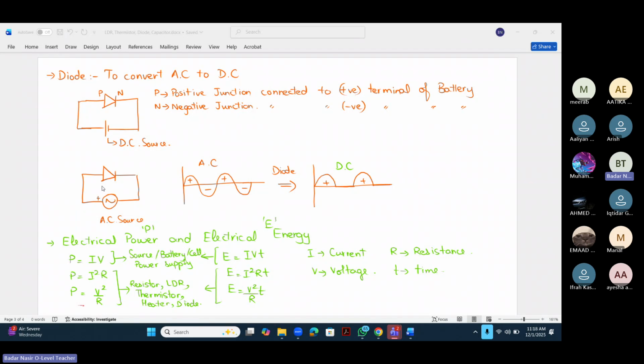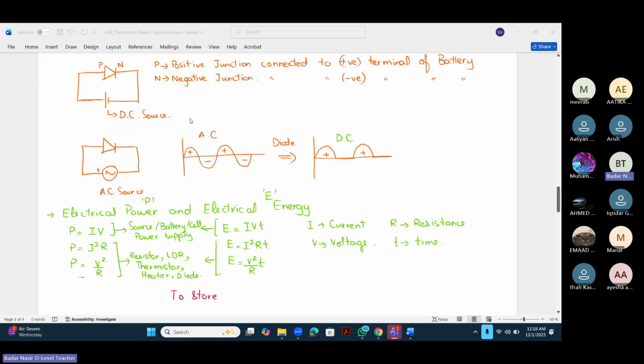If the positive junction of a diode is connected to the positive terminal, it will let the current pass through. However, if the positive junction of the diode is connected to the negative terminal of the battery, it will stop the flow of current.